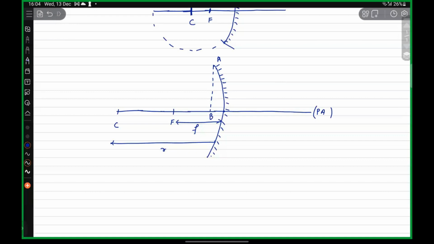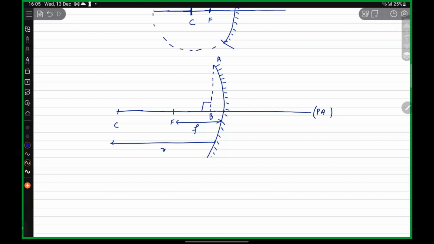Yeah. So if this is a perpendicular, then this angle is 90 degrees. True? Yeah. Okay.